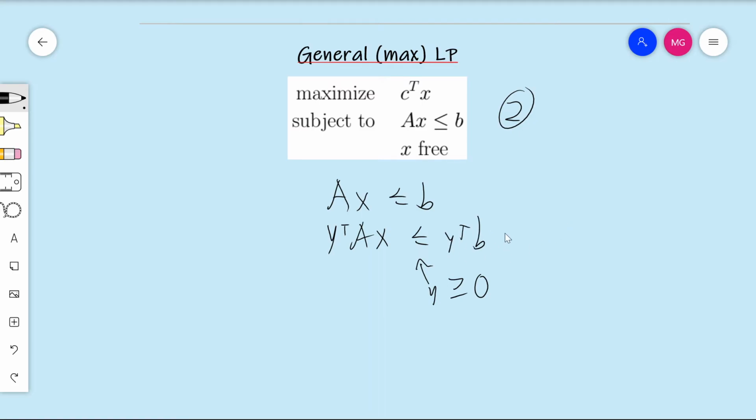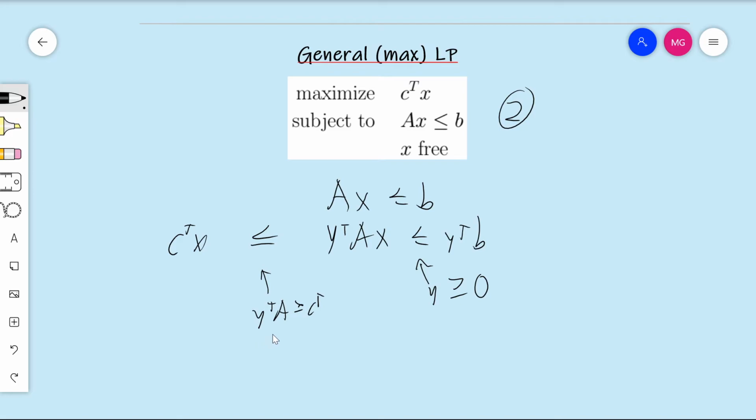And again, we want this to be an upper bound on c transpose x. So what we want is for this to be greater than or equal to c transpose x. So what did we do before? What we did before is we enforced that y transpose A was greater than or equal to c transpose.